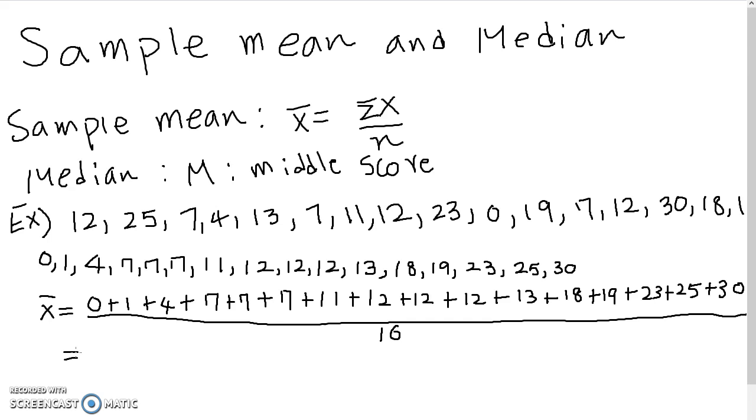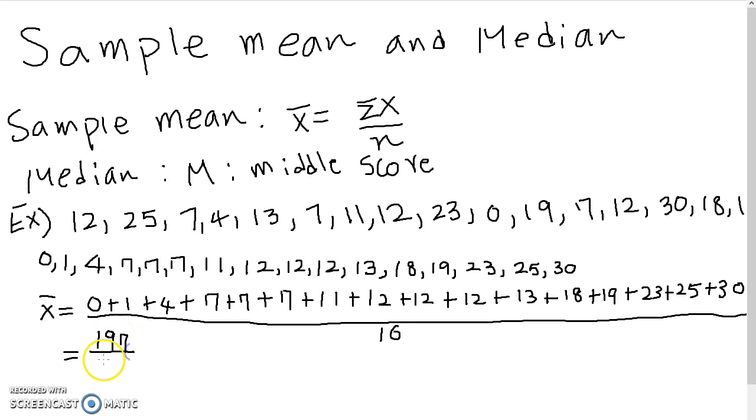So 0 plus 1 plus 4 plus, that would be 21, plus 11 plus, that would be 36 because we got 3 twelves there, and 13 plus 18 plus 19 plus 23 plus 25 plus 30. When you add them all up, I get 197.